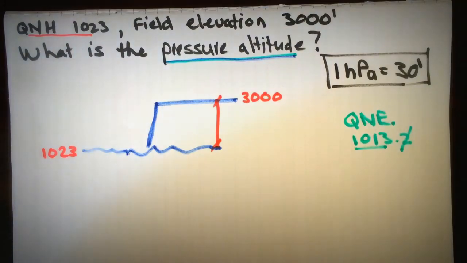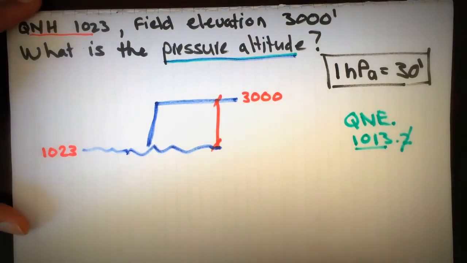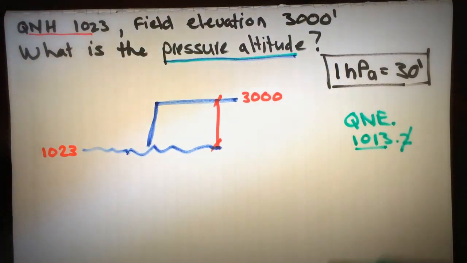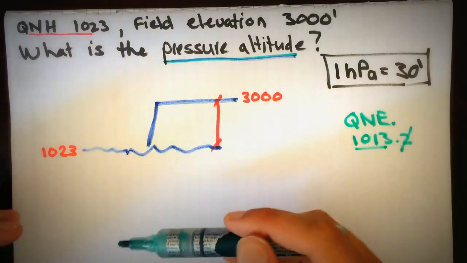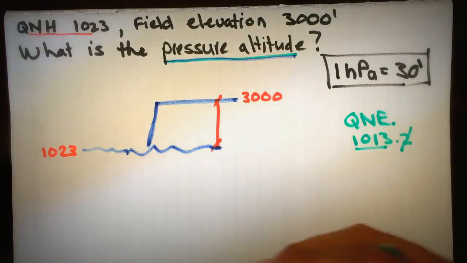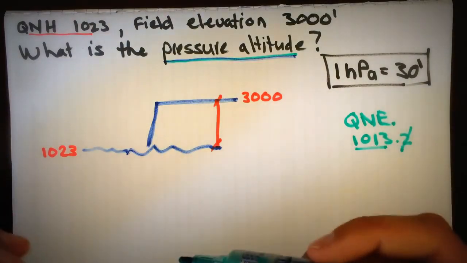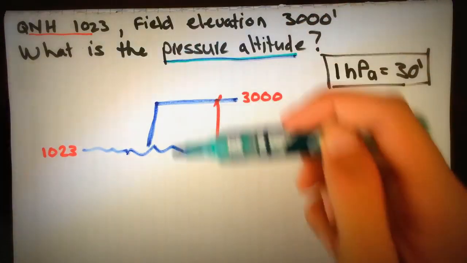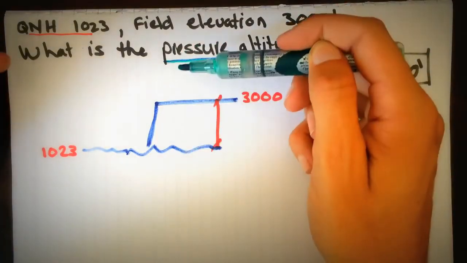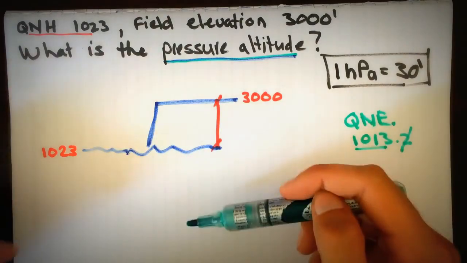Now, the question I want you to think about is: is 1013 above 1023 or is it below 1023? In essence, what I'm asking is, is the pressure going to increase when we go higher, or decrease when we go higher, or increase when we go low, or decrease when we get low?